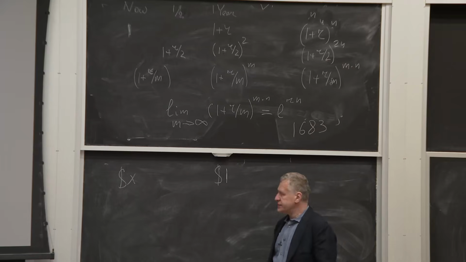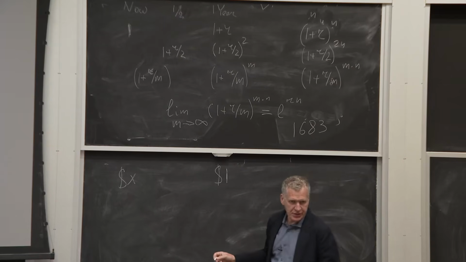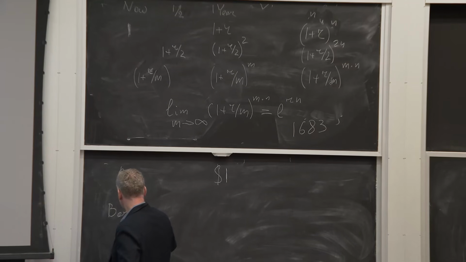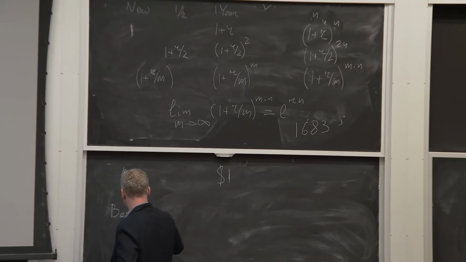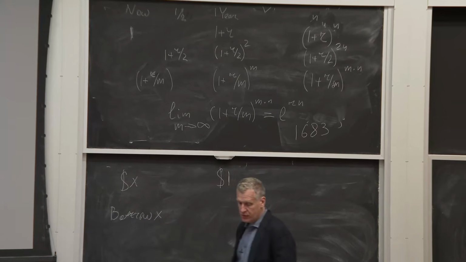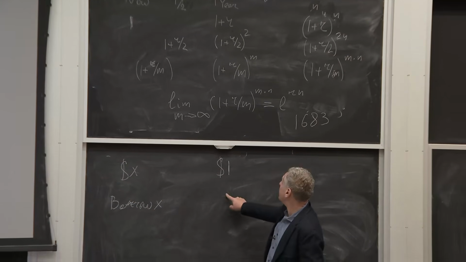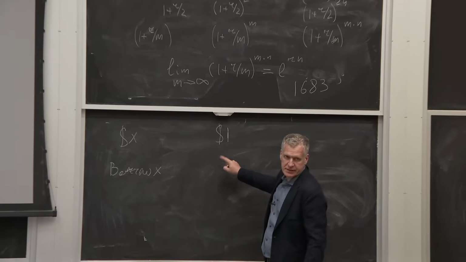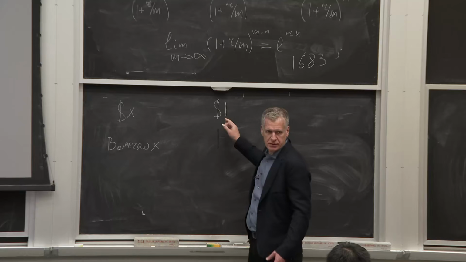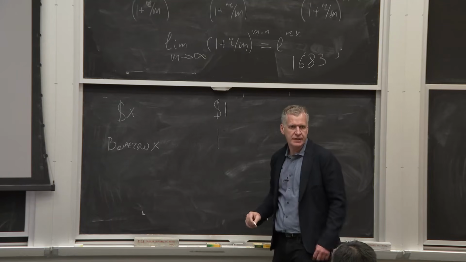And let's consider the following strategy. Let's borrow X, this amount. Now, let's see what happens at the end. So at the end, in 1 year, we'll receive $1 for sure, right?